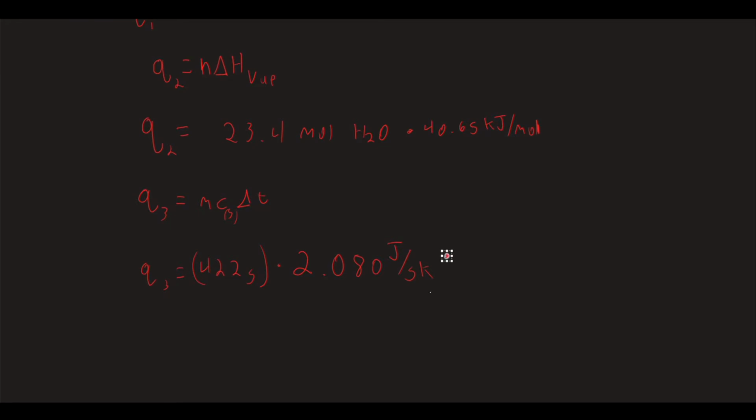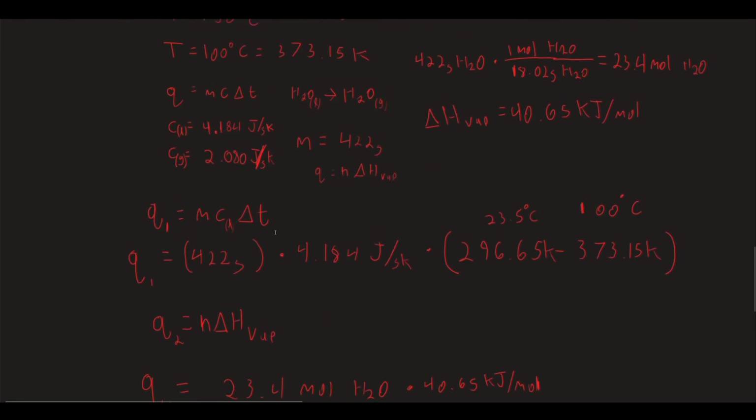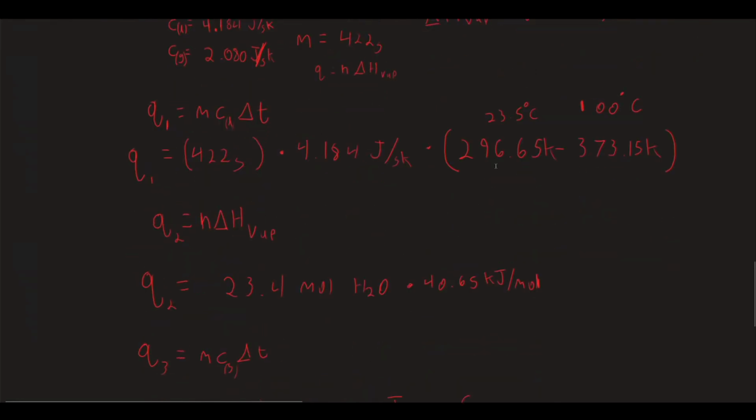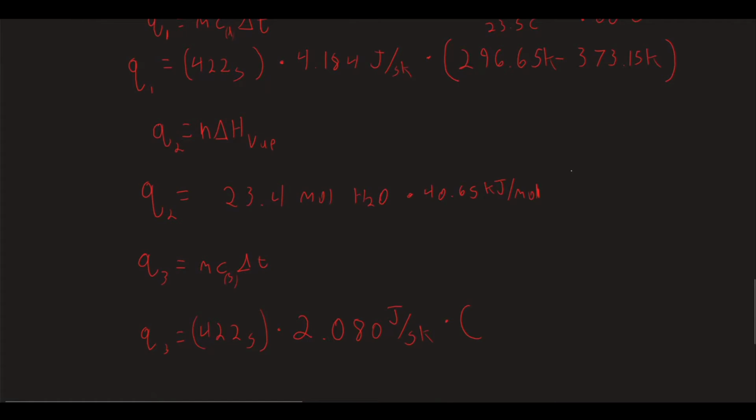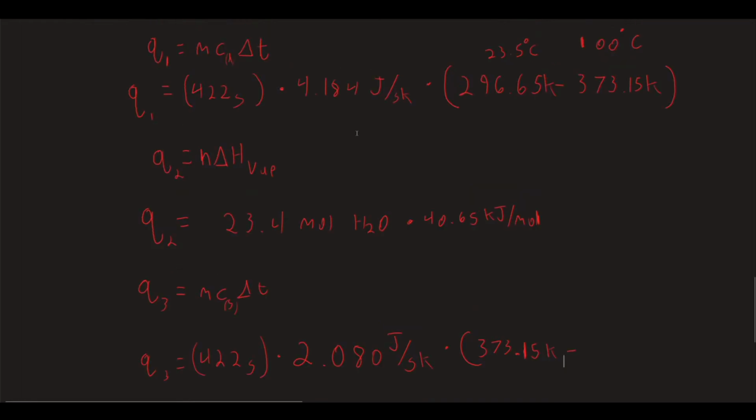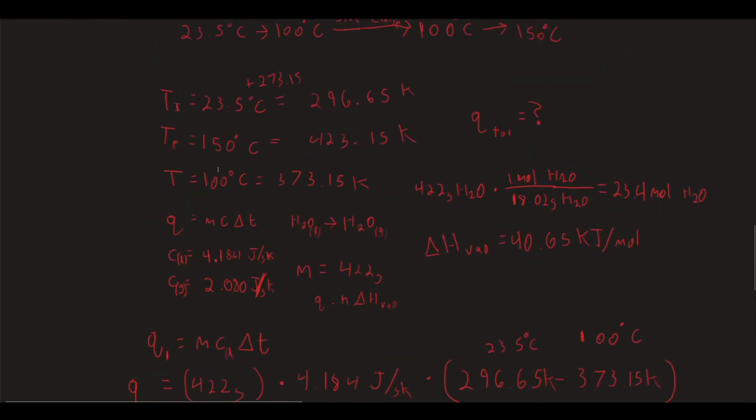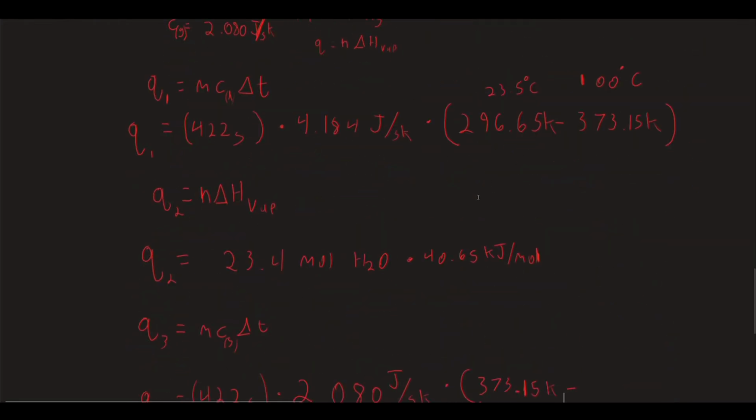And finally, we will multiply by the temperature change, which is T final minus T initial. The initial temperature is 100 degrees Celsius, which is 373.15 Kelvin. We're going to subtract that from T final. And the T final is 423.15 Kelvin.